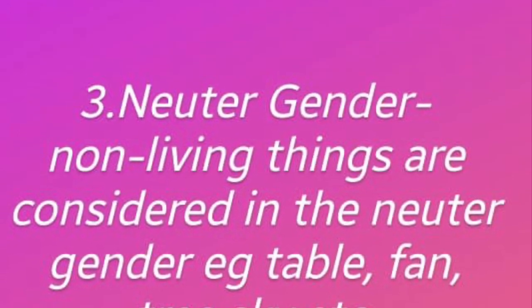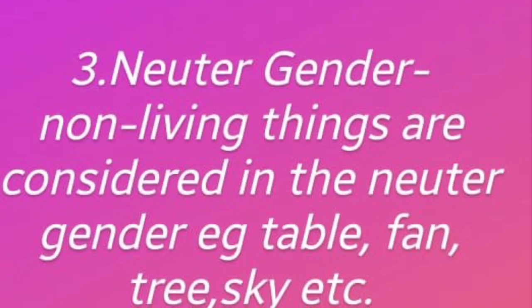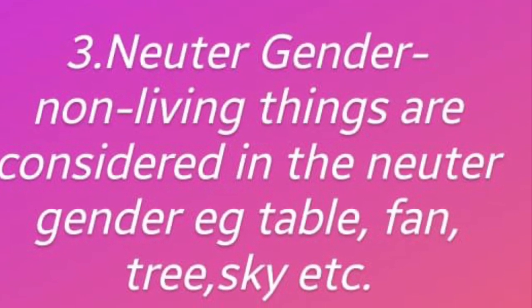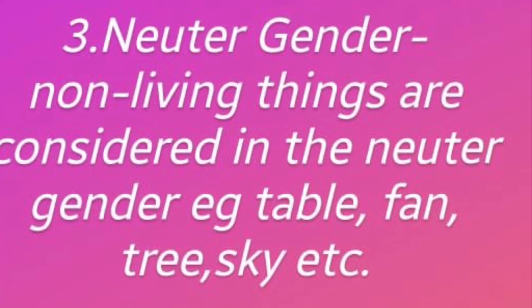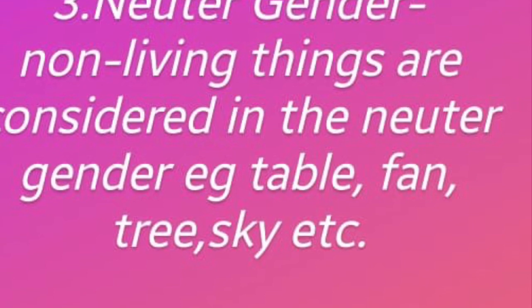So now let's see the third one. The third one which we have is neuter gender. What do we say? Neuter gender. Okay. So basically whenever we talk about non-living things, all the non-living things come under this category.